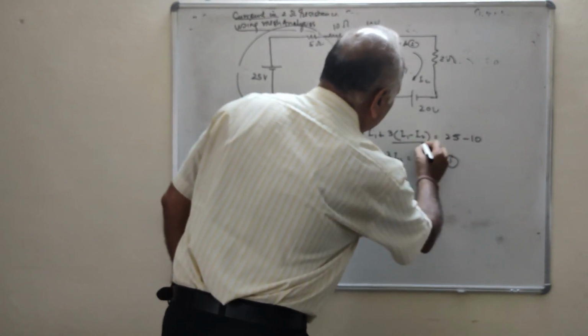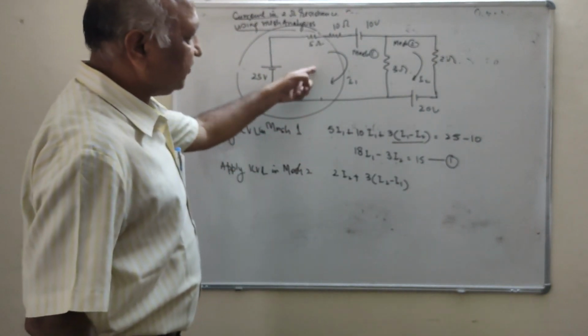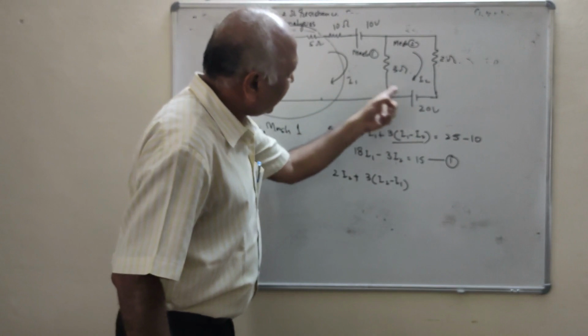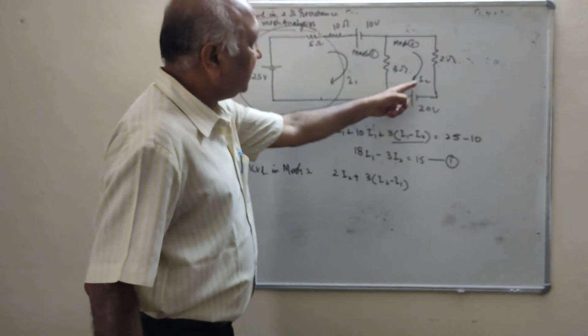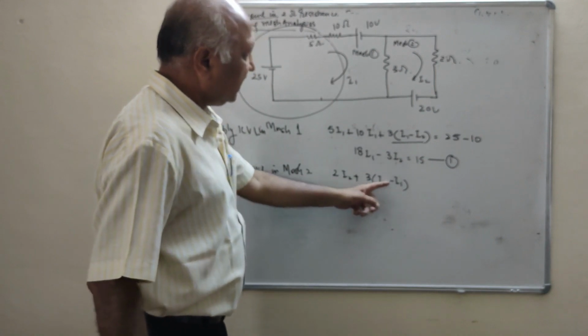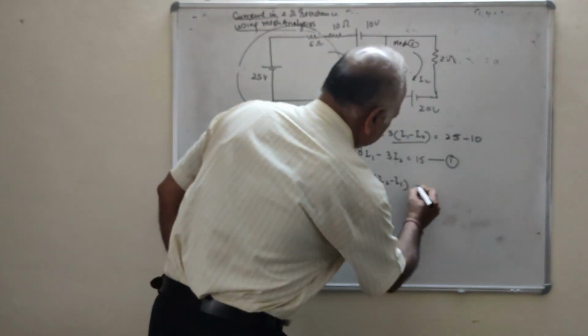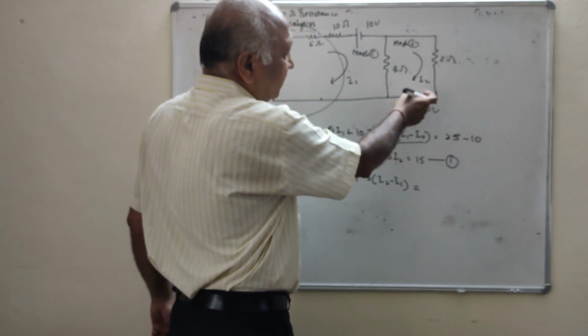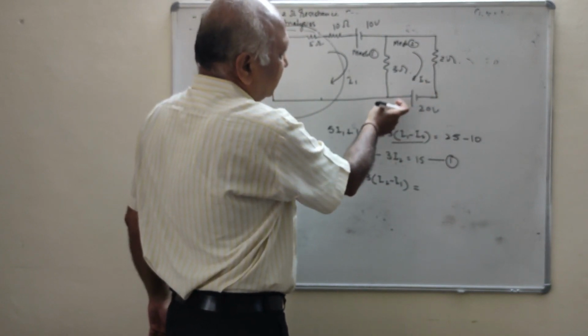Here it was I1 minus I2 because in mesh 1 the dominating current is I1, and in mesh 2 the dominating current is I2, which is going upward. So the downward is 3 (I2 minus I1), and that is equal to, here you will see the current is entering from negative to positive.